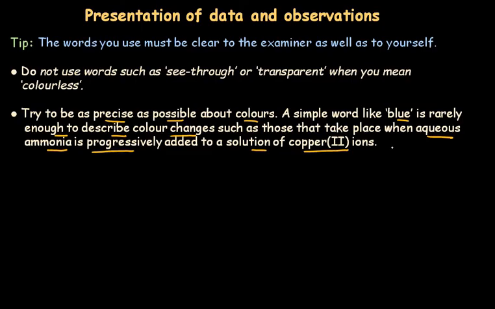What we are going to get is a pale blue precipitate at the start. So the use of the words pale blue precipitate is very important, and then the solution becomes colorless or clear and the color becomes deep blue after adding excess ammonia. So here the use of the words pale blue and deep blue, with a clear or colorless solution, such words are very important and precise to be used.